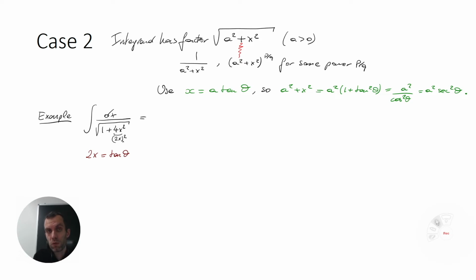And either we do a substitution to get rid of the 2 and then an inverse substitution, or we do both in one go. And I'm doing the latter here. So 2x equal to tan theta. And then for the differential, we have 2 times dx is the derivative of tan theta, so it's 1 over cosine squared theta d theta. And so dividing by 2, we have dx is d theta over 2 times cosine squared theta.